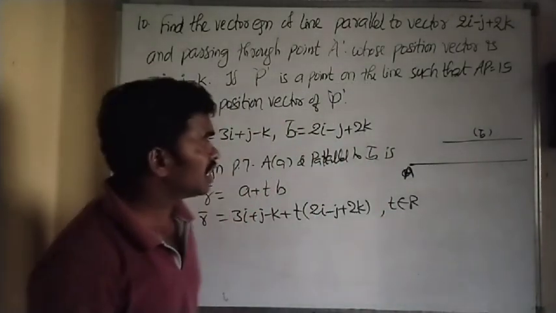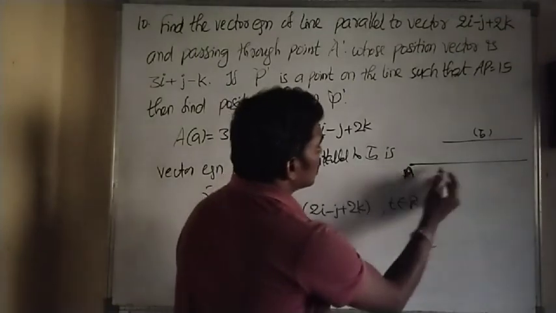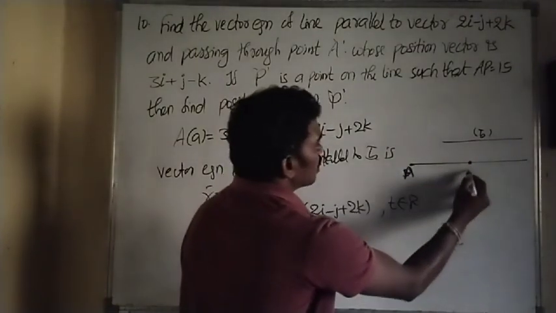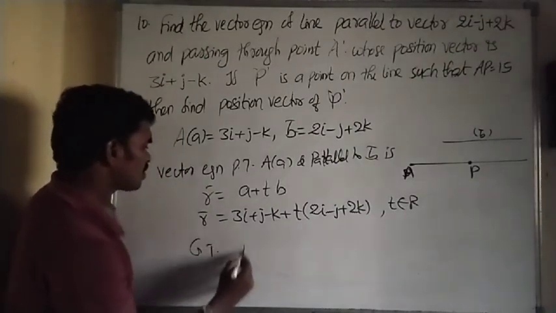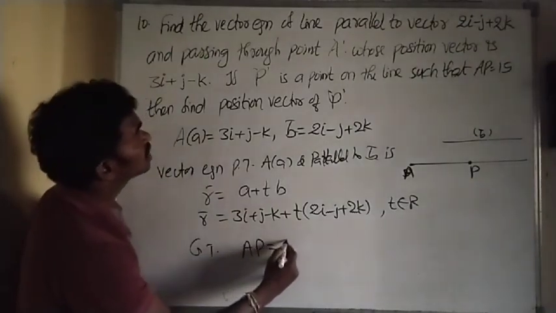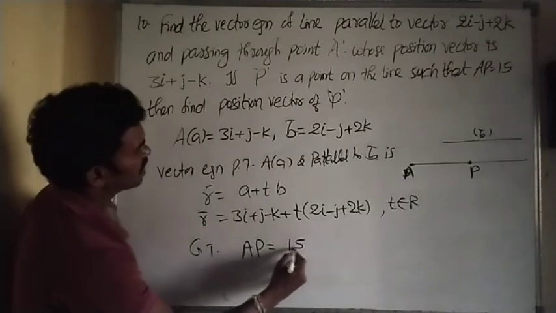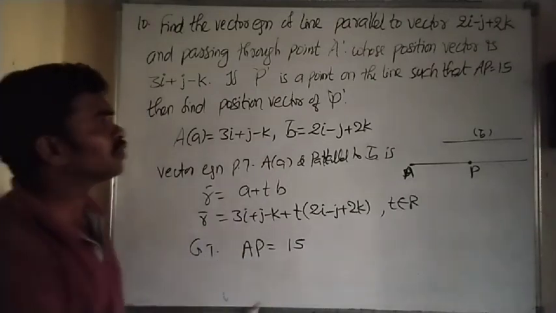Now P is a point on this line, where it is given that AP is equal to 15. What is AP? P we don't know where it is.